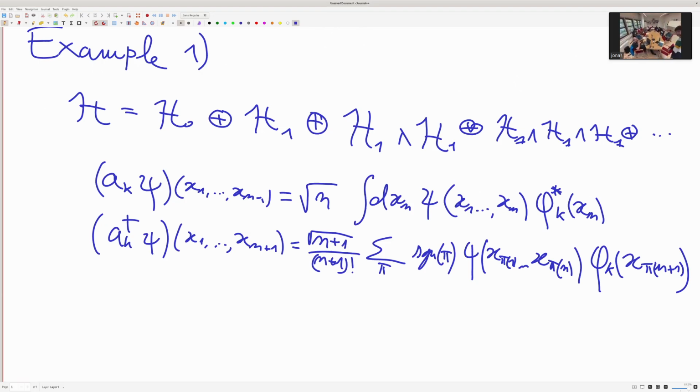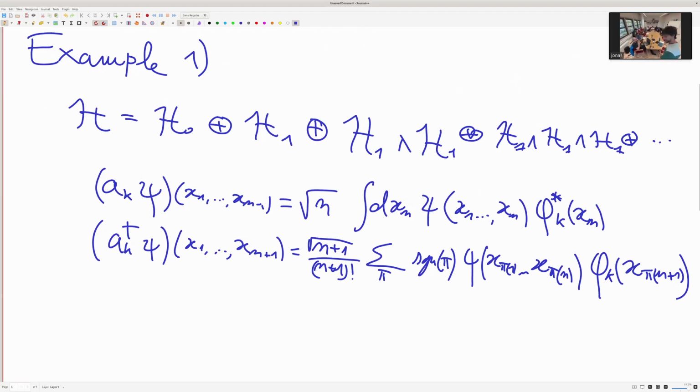It basically takes your wave function and multiplies it by a new particle in this state phi_k, and then it anti-symmetrizes. The sum is over all permutations pi of the particles, so that you once again get an anti-symmetric wave function that is somewhere in this space.